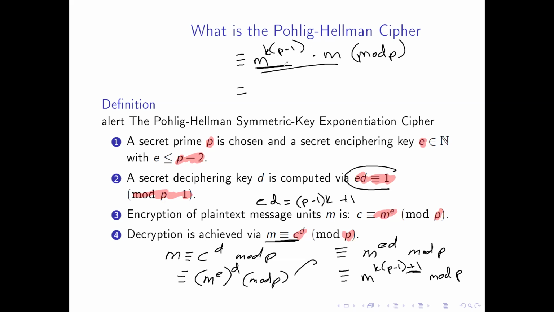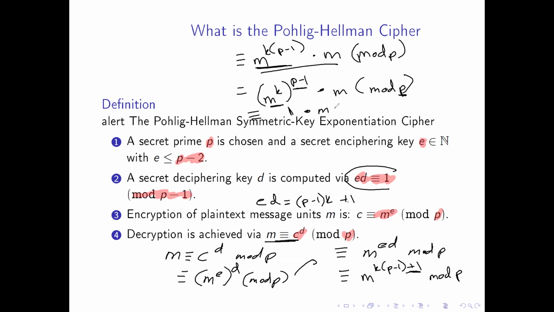This portion right here is the same thing as M to the K to the p minus 1, times M mod P. And this is the catch right here: by Fermat's little theorem, any value raised to the p minus 1 mod p is congruent to 1, times M.